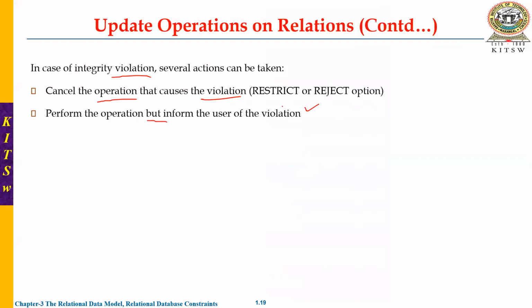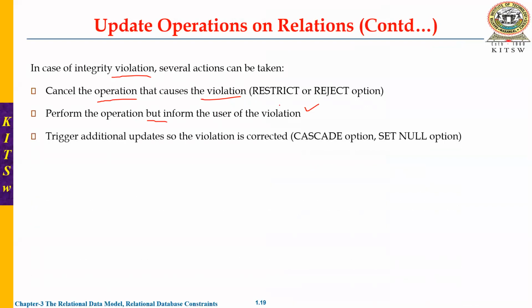You can inform the user what kind of violation is happening, and trigger additional updates so the violation is corrected. You can also execute a user-specified error correction routine. Some function you can write for when the violation happens.